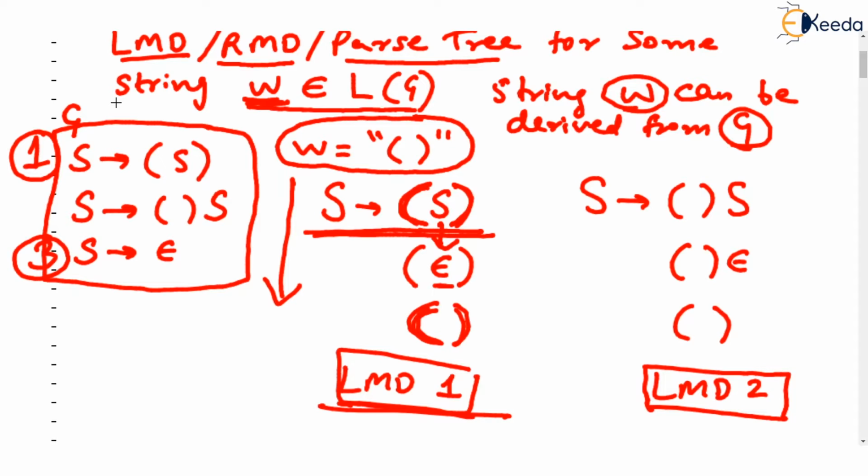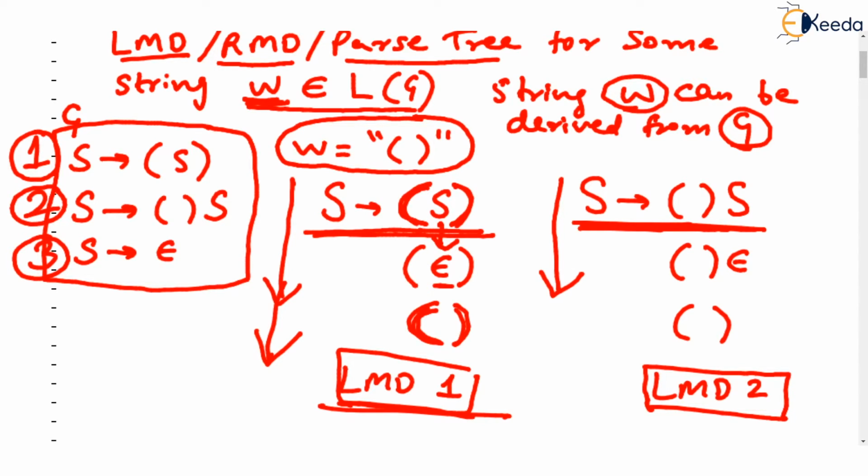But our friend might say that instead of doing the derivation in these steps, I will do the derivation in some other steps. The first production used by our friend is S derives ()S, that is, open bracket close bracket S. That means our friend has started using the second production.